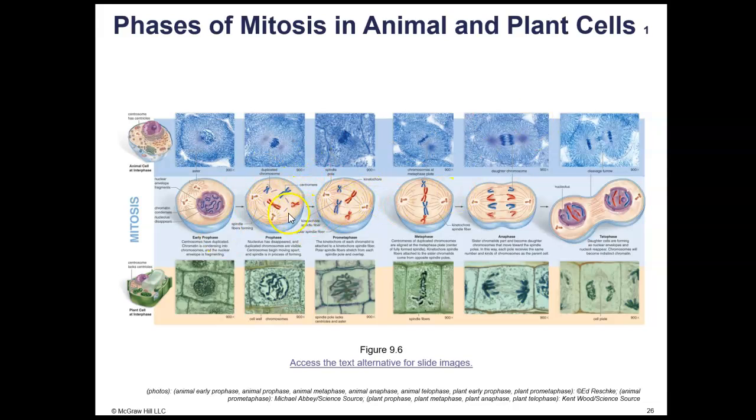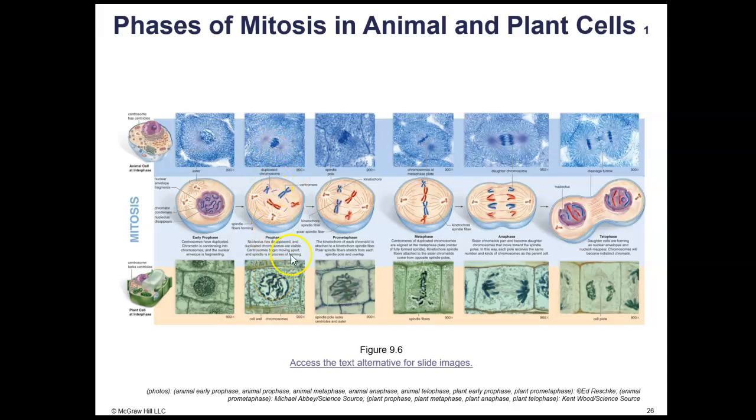You can see that the nuclear envelope is almost gone. These little purple lines represent what's left. The nucleolus has disappeared, and the chromosomes are visible under the microscope. You can see them here in the animal cell, and you can see them in the plant cell.